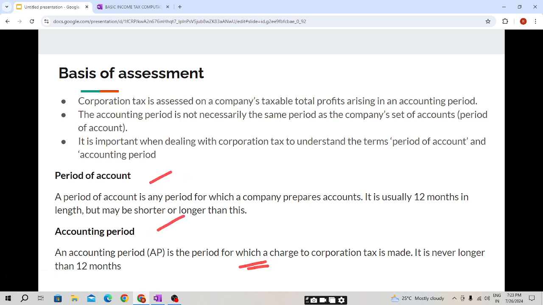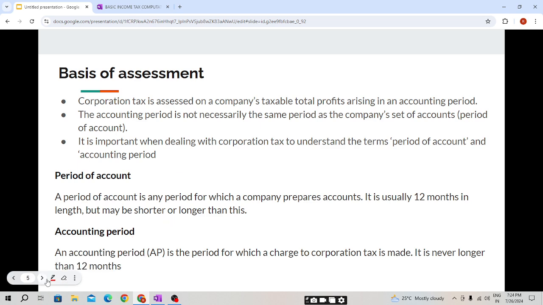The basis of assessment: period of account means the period for which the accounting books are prepared. It is usually 12 months, but it can be longer or shorter. But coming to the accounting period, it will not exceed 12 months, but it can be less than 12 months. And the accounting period is the period for which the corporation tax is charged.